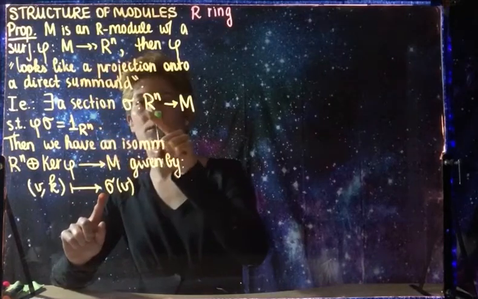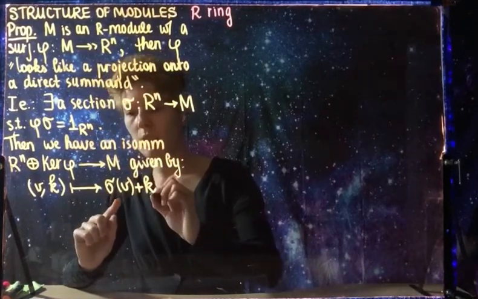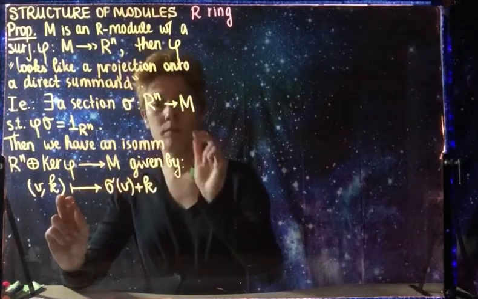Sigma of v is now an element of M, so we can add k, which is also an element of M.